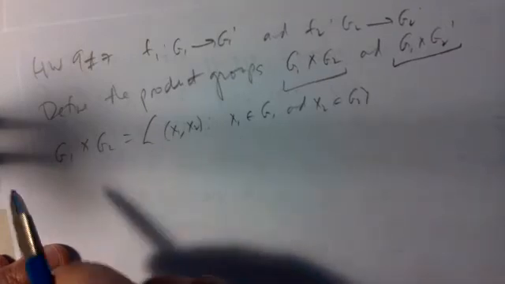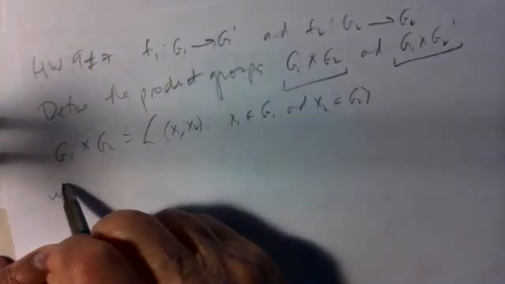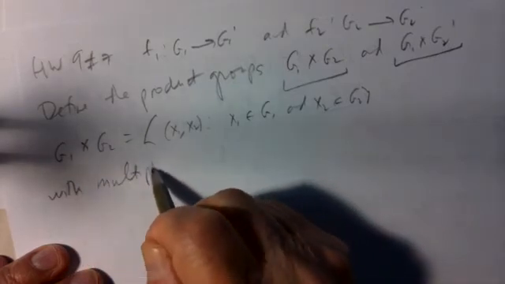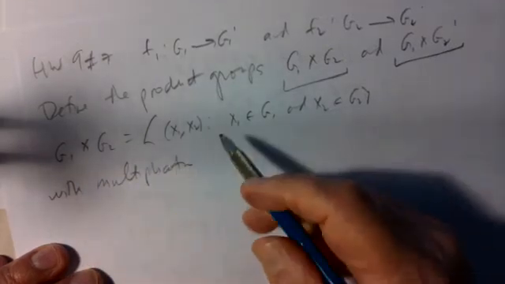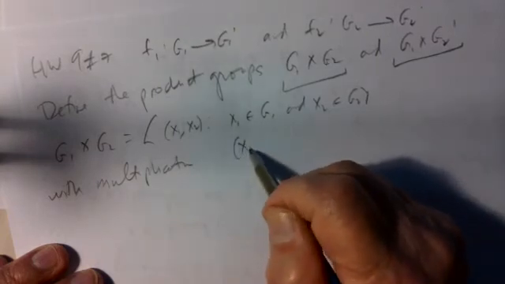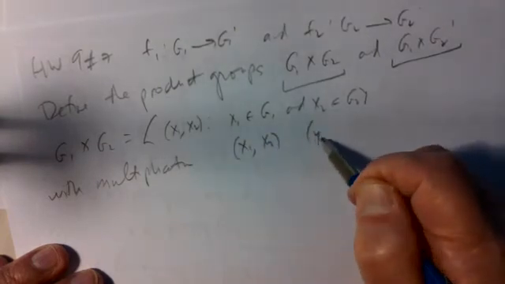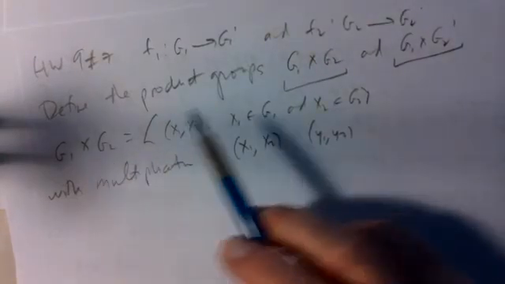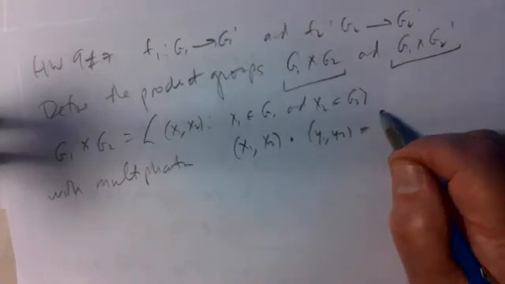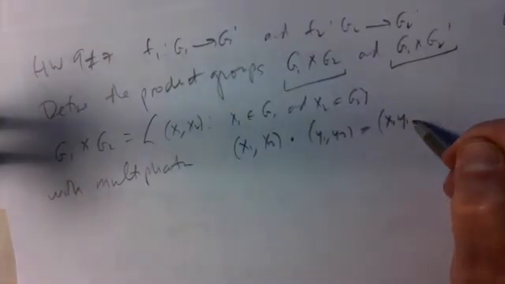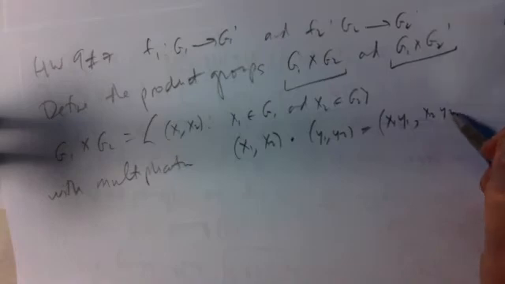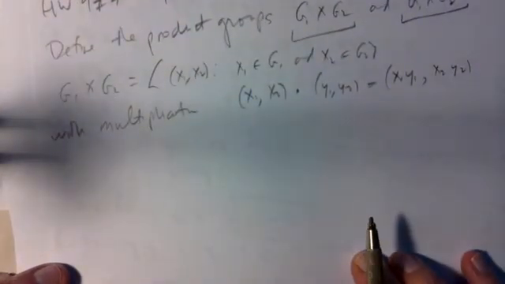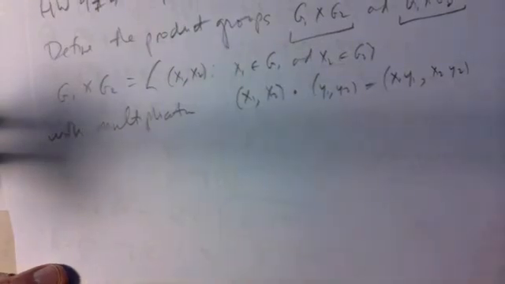It's the set of ordered pairs, with multiplication defined as follows. If you have x1 comma x2 and y1 comma y2, so these are two ordered pairs in this set, you multiply them by multiplying the coordinates. And then one can check that this satisfies all of the conditions to be a group.